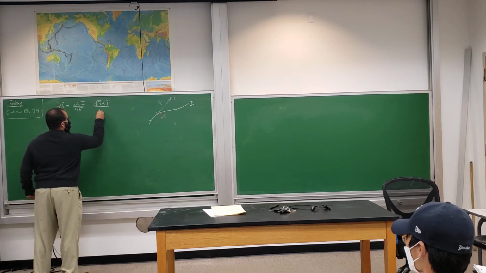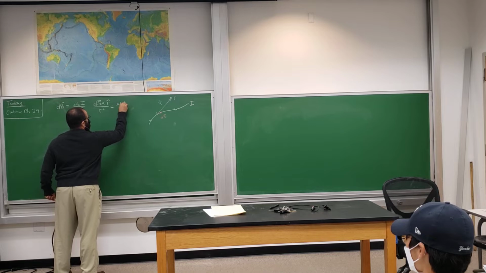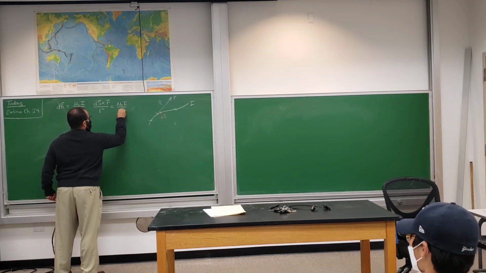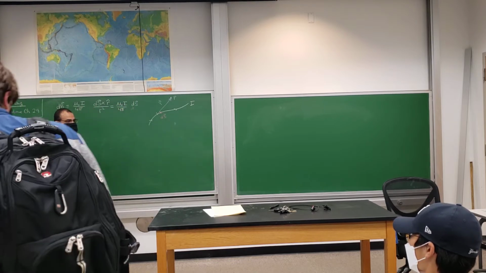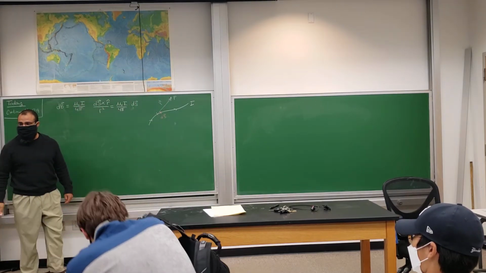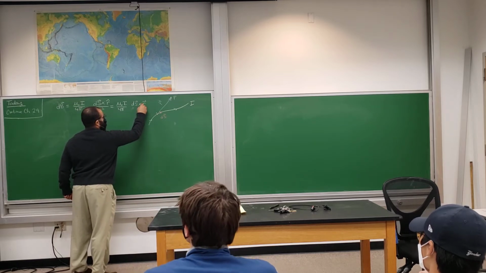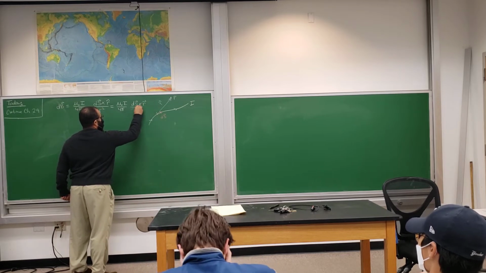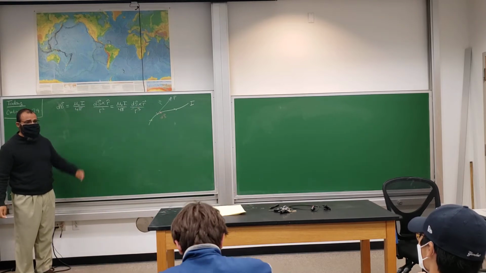You can rewrite this as mu naught I over 4 pi, ds cross r, divided by r cubed, since r hat is just r divided by the magnitude of r. That's just a different form.